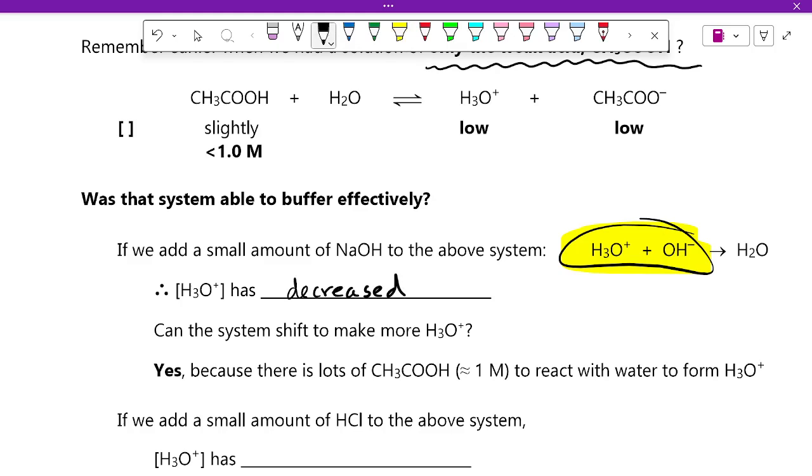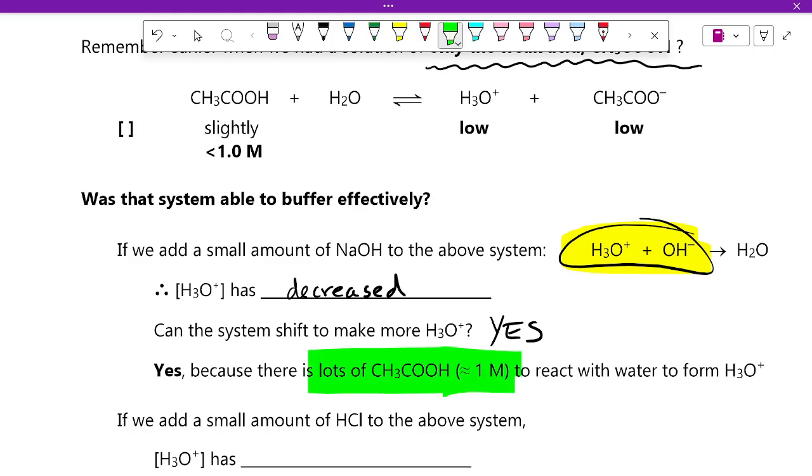Can the system shift to make more H3O plus? Yes. And that's because there is lots of acetic acid, about 1 molar.